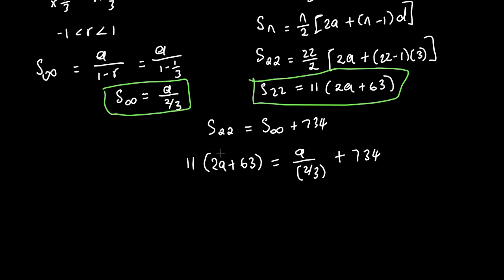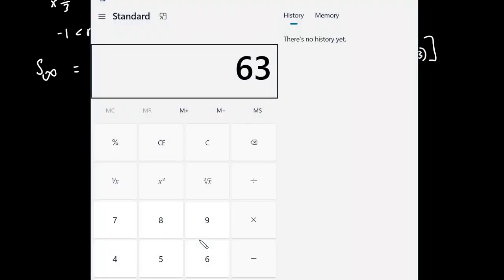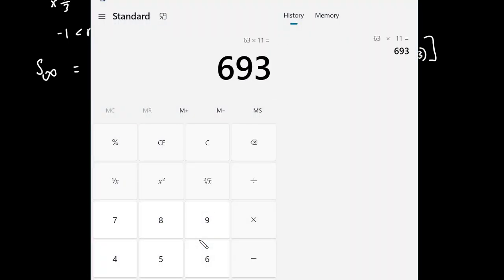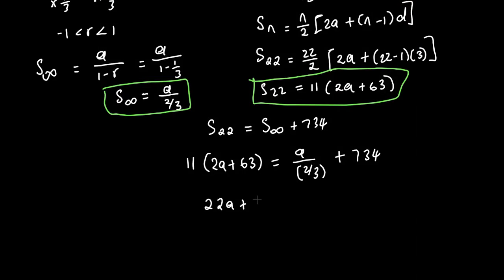So I'm going to multiply by 11 so that I have 22a plus, now what is 63 times 11? We get 693. So we write 693 there, and then now we have a over 2 over 3 plus 734.